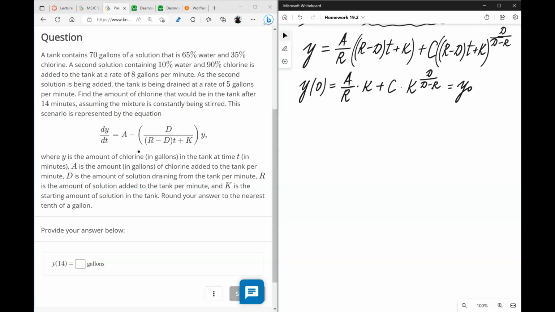We're going to subtract, so c will be equal to y0 minus ak over r divided by k to the power d over d minus r, so it's going to be the same as multiplying by k to the power d over, and I'm going to put r minus d over here. So that's my constant.